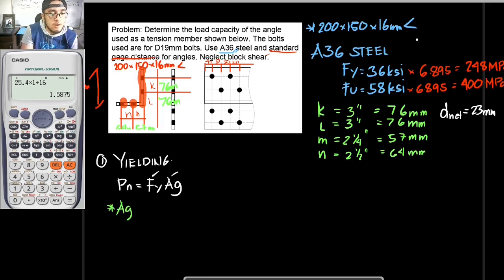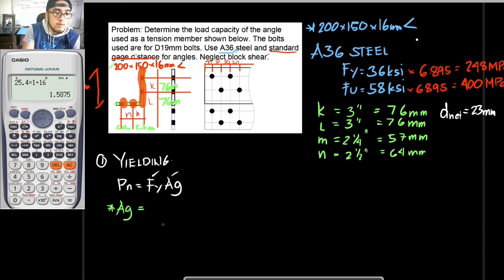As for the area gross, that is to be the whole area here. Nasan ba yung highlighter ko? So, that is to be this whole area, yung cross-sectional area ng ating angle. And gross, so hindi pa natin nababawas yung ating mga butas-butas. Kayo naman bahala kung paano nyo kukunin yung area na to, but in my case, I would be doing it this way.